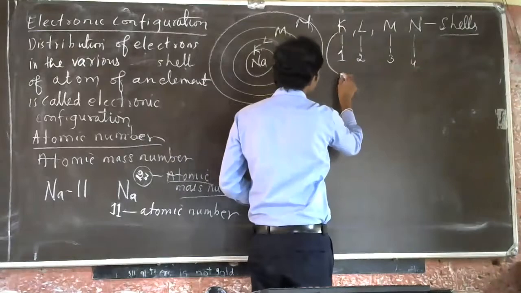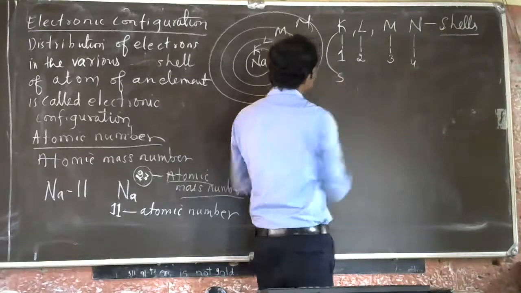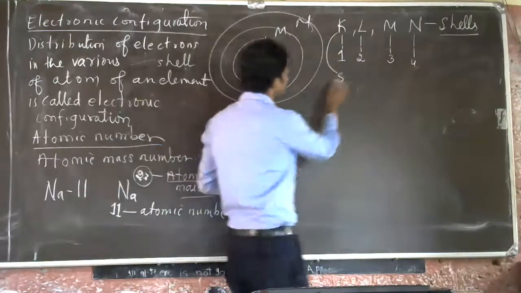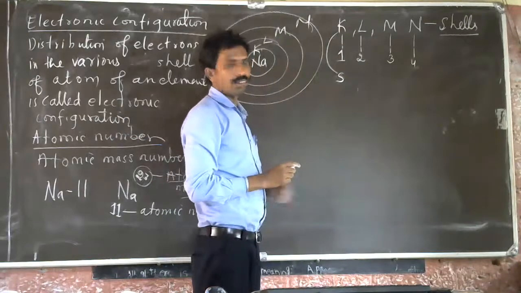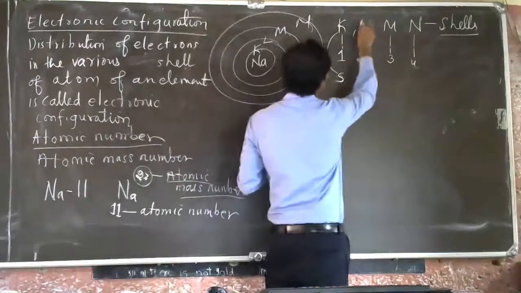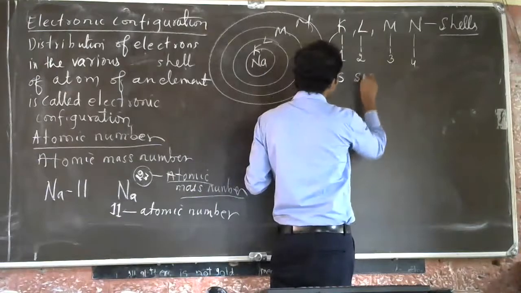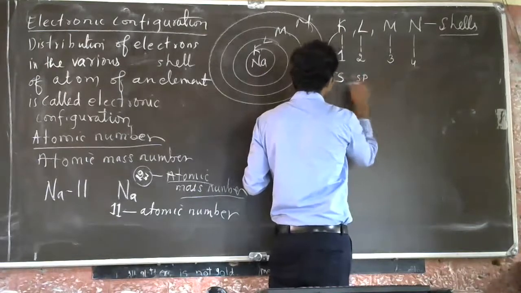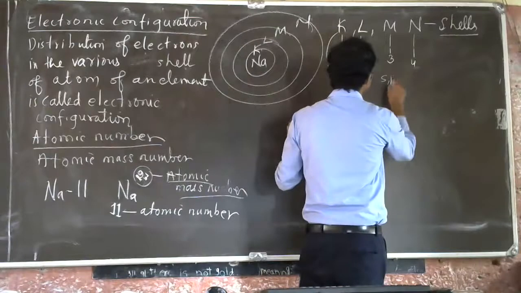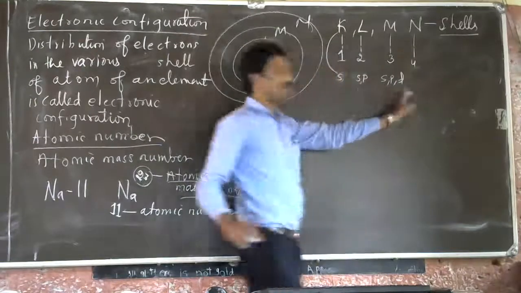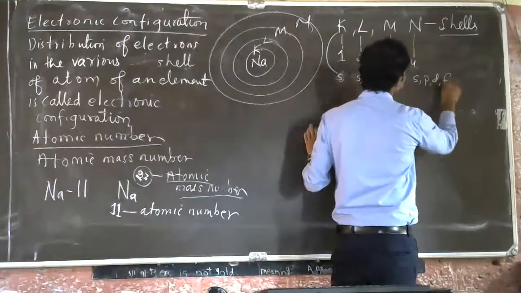K has a subshell called S. Try to remember, K has a subshell, subshell S. If we take L, it has subshells S and P. And M has S, P, D subshells. And N has S, P, D and F subshells.